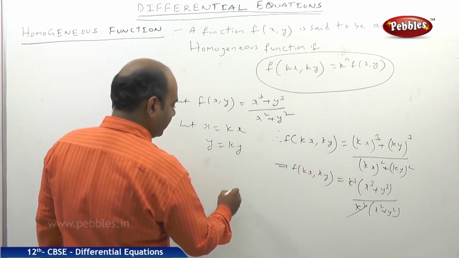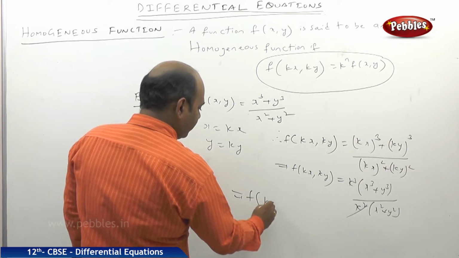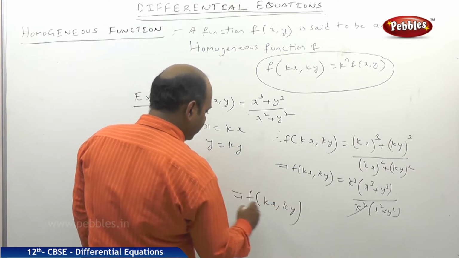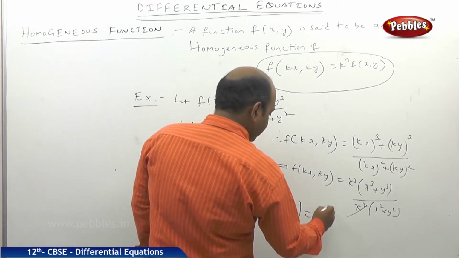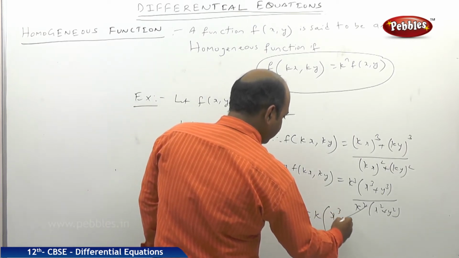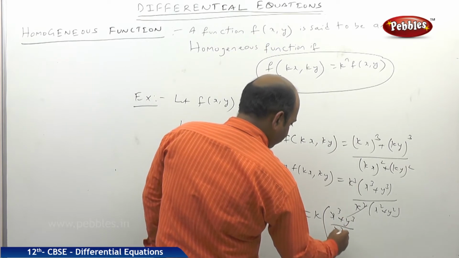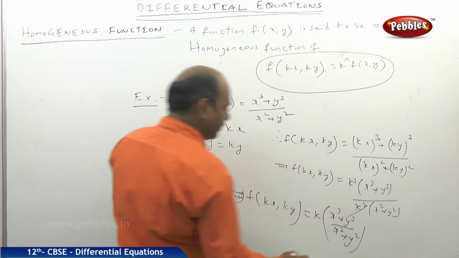So finally f(kx, ky) is equal to k into (x cube plus y cube) divided by (x square plus y square).